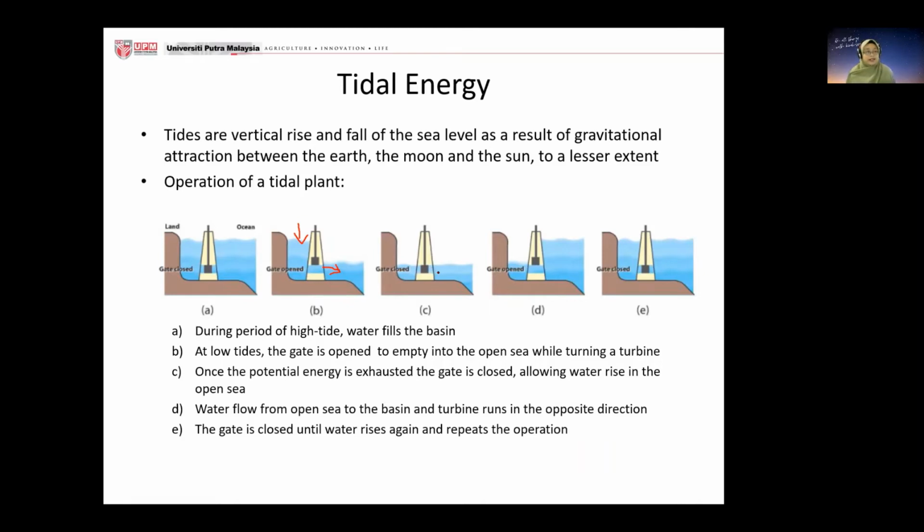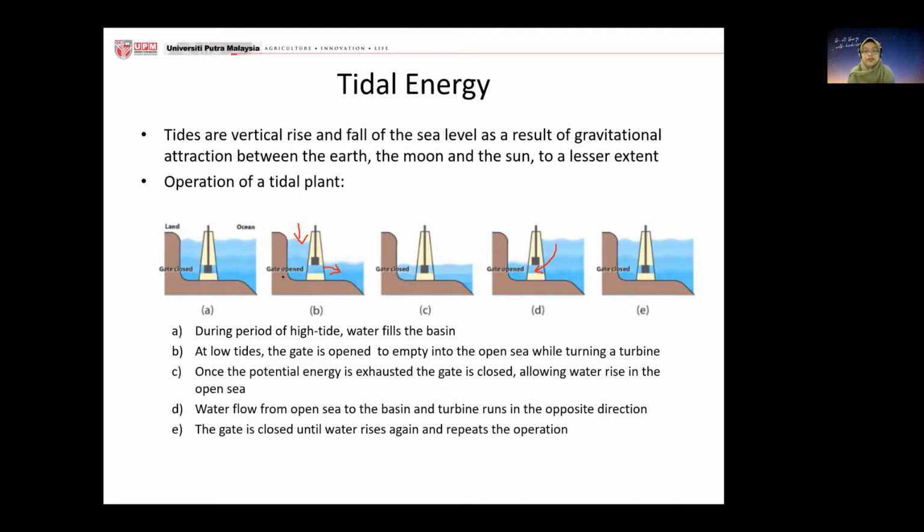And then when the tide is increasing again, at the highest point, the gate will be open again. And now we have the potential here. So water will actually move the opposite way. The turbine is designed in such a way that it can be turned in both directions.